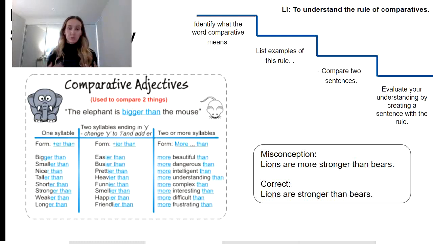And as usual, once you have completed this short task to show your understanding of the rule of comparatives, you need to complete a spelling inquiry where, like I've said before, you are allowed to only focus on the things that are interesting to you within the spelling inquiry and things that are going to actually help you understand a word better, and they're going to help you use this word in your own writing.